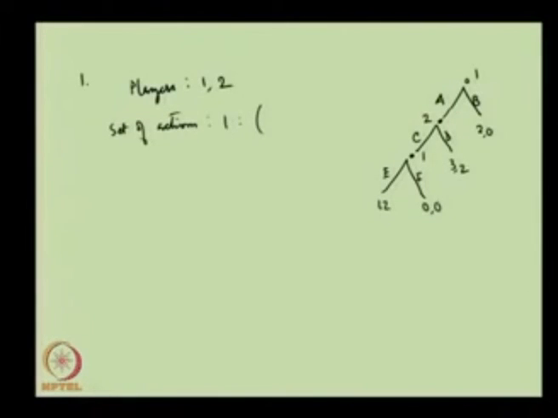What are the strategies of player 1? It could be AE, AF, BE, BF. And the set of actions of player 2 is C and D. The preferences over the action profiles are the same as the preferences over the strategy profiles from this extensive game.